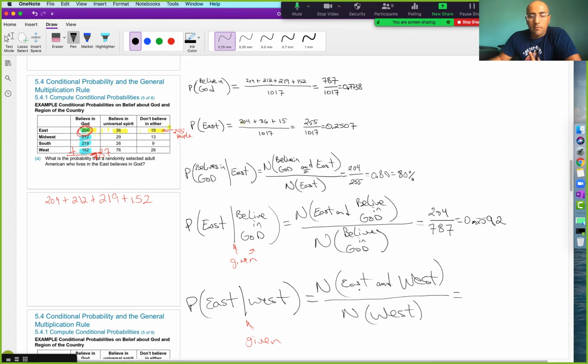But the number of people that live in the East and the West is going to be 0. Divided by the number of people that live in the West, which would be 152 plus 76 plus 26.